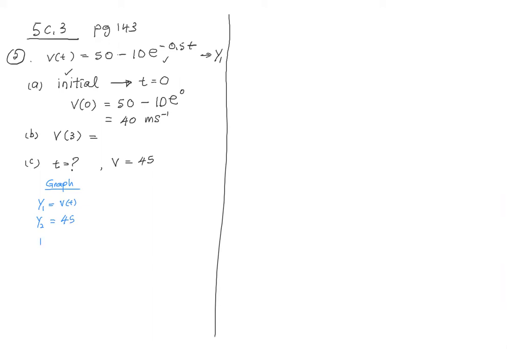Then you got your graph. Okay, how does the graph look like? I think the graph looks like this. Start from 40, then it goes like that. The limit is 50, right? Then this is your Y1, and this is your Y2, which is 45. Then you get the intersection point.